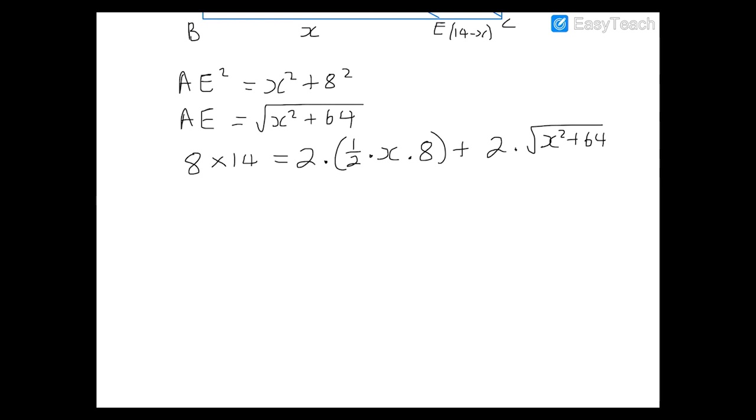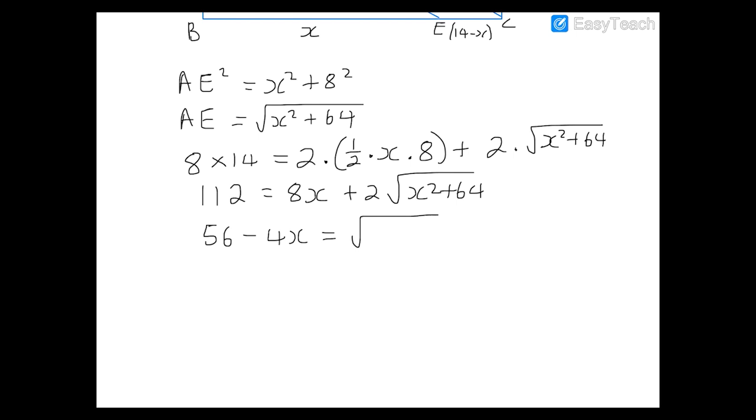Now, let's solve this equation so that we can find x. 8 times 14 is 112, which is equal to, here 2 cancels the half, and we are left with 8x plus 2 square root of x squared plus 64. Divide everything by 2, then we get 56 minus 4x equals the square root of x squared plus 64.